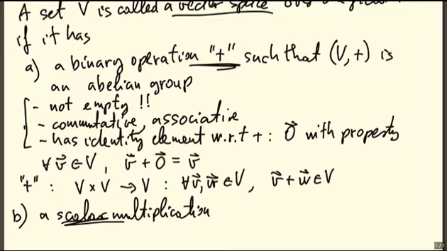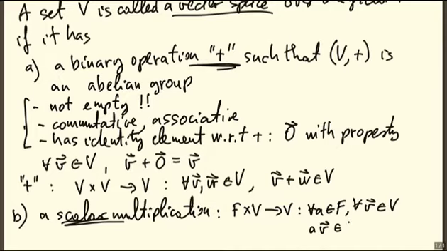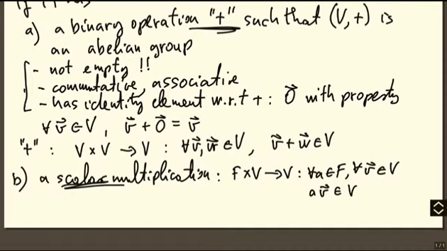So the scalar multiplication goes from the field cross V into V, and the way it works is that for all a element of the field and for all vectors of the vector space, we have that a times v is also a vector in the vector space. This is the definition of the scalar multiplication, or the notation for it.